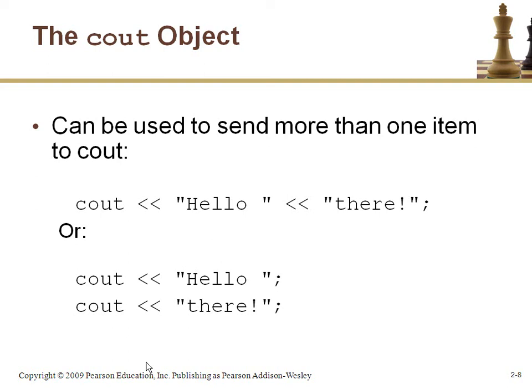This will have the same effect as having two statements, cout "Hello " and cout "there!". They both will show on one line a series of characters that will say hello space there.